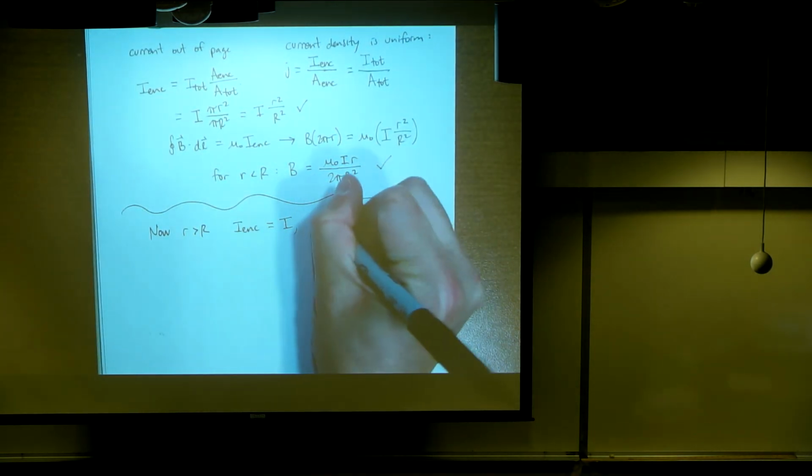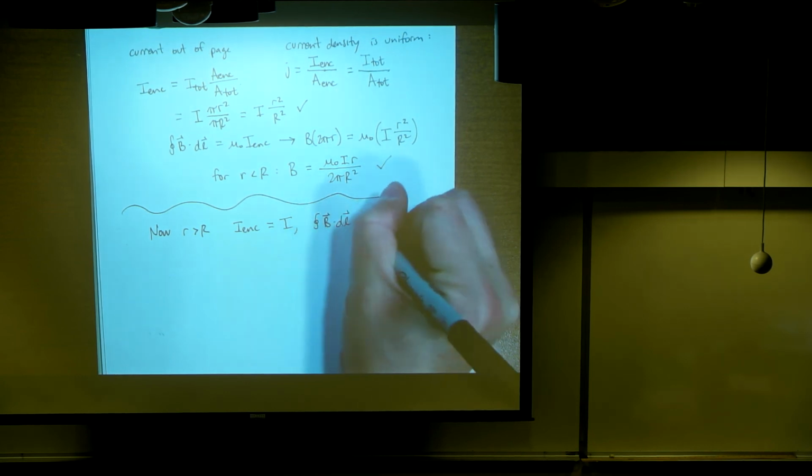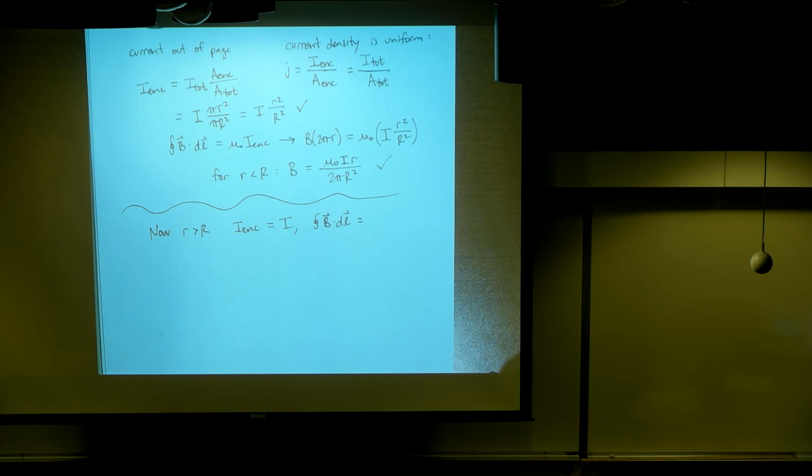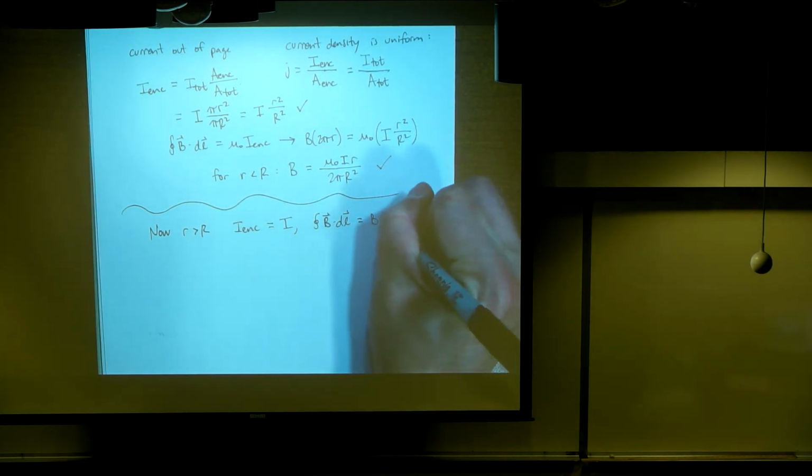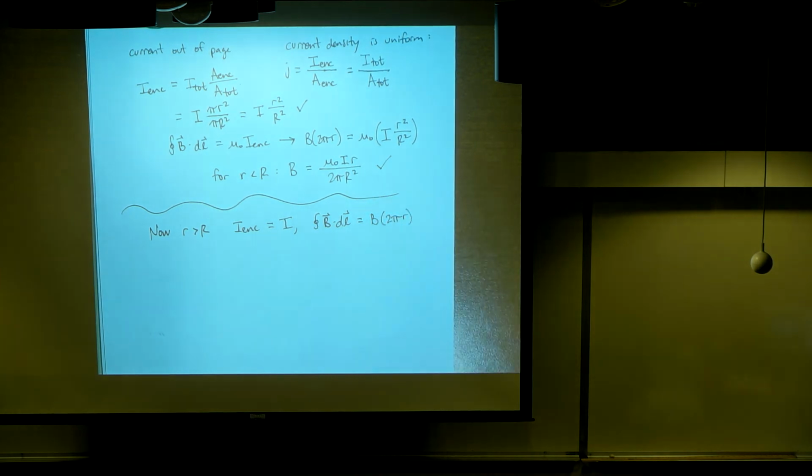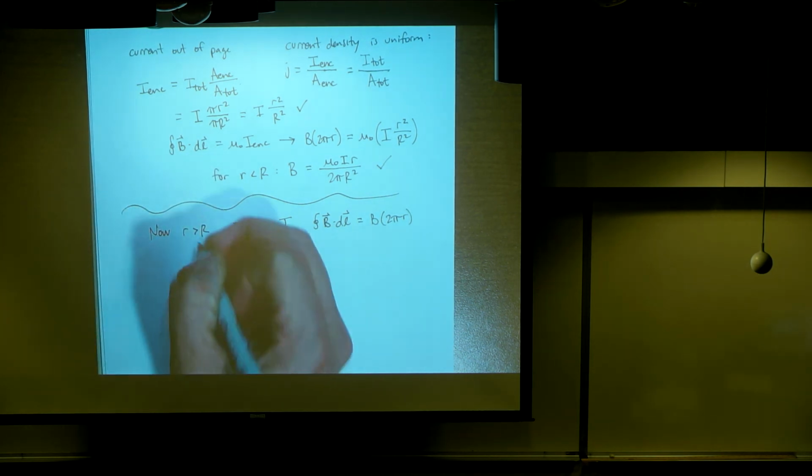We could go ahead and work out this integral of B dot dl once again, but we would just get the same result as before, okay? We would just get B times 2 pi r. So therefore, we're actually ready to put it all together in Ampere's law.